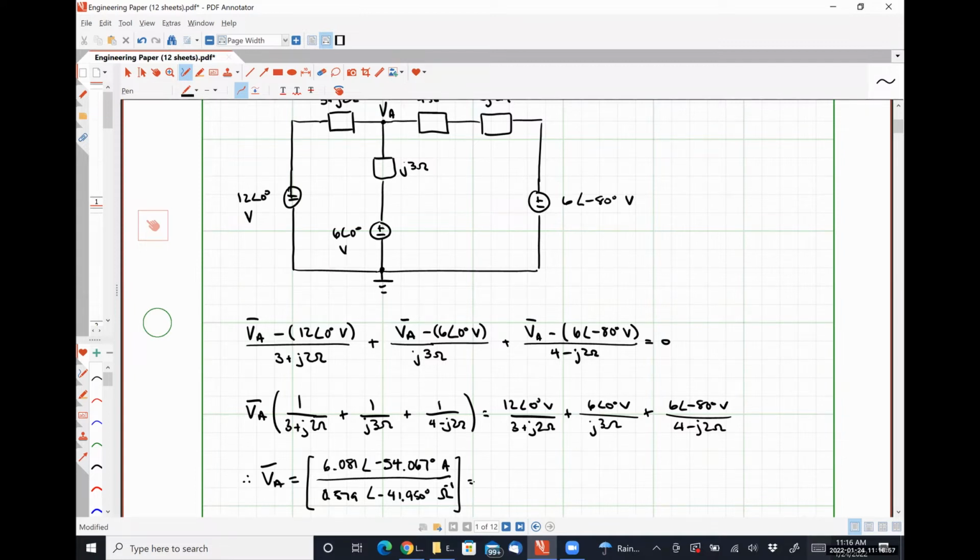And I get 10.499 angle negative 12.118 degrees. That correct? Anybody else get that?